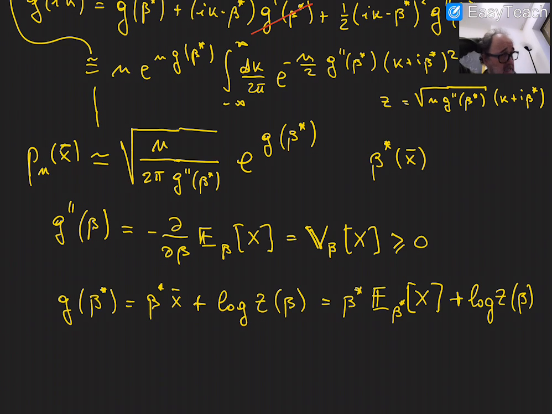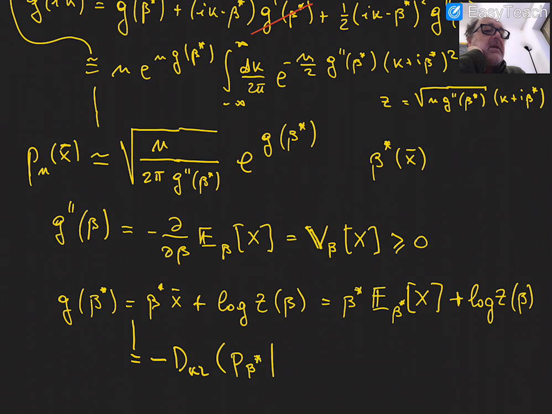And you can check easily that this is exactly equal to minus the Kullback-Leibler divergence between the PDF p beta star and the original PDF q, because if you substitute the expression for p beta star, this is exactly what you get.